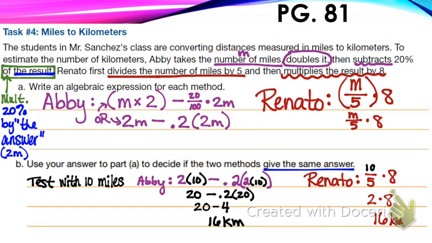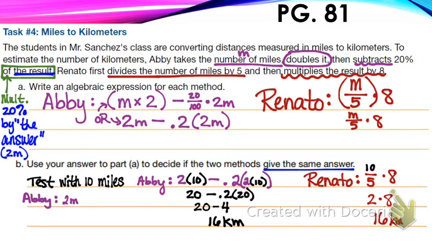Something else we could have done to verify this is we could have taken their original expressions and simplified them. Like I could have actually multiplied these two things together. What is 0.2 times 2? How much? 0.4.